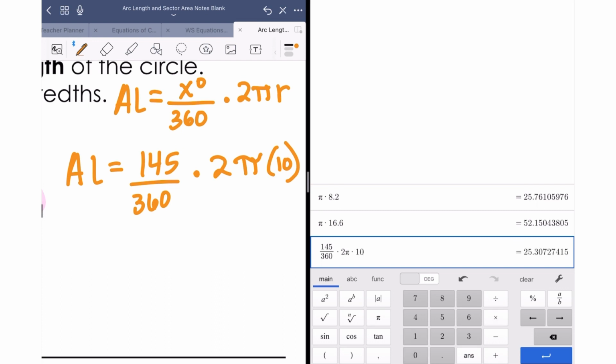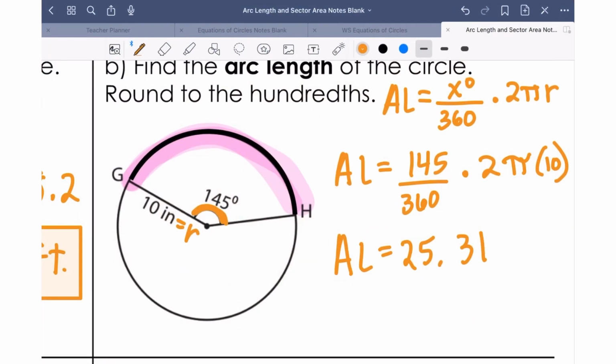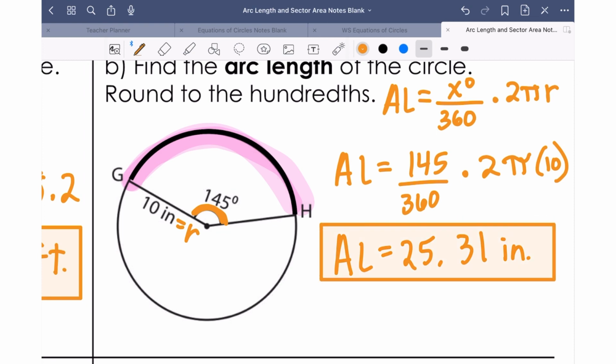And Desmos says the arc length is 25.37. And what measurements am I using? Inches. All right, so that is arc length.